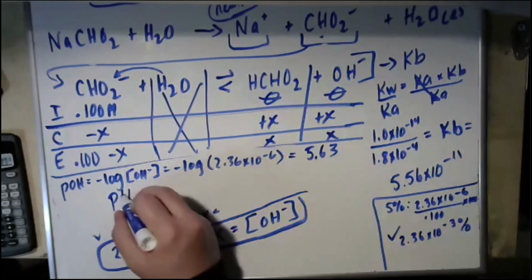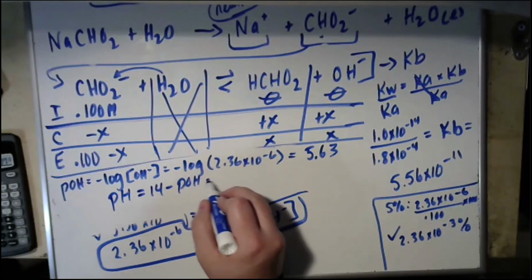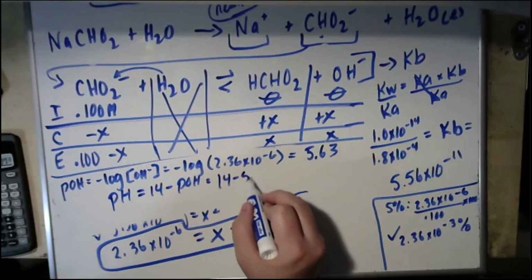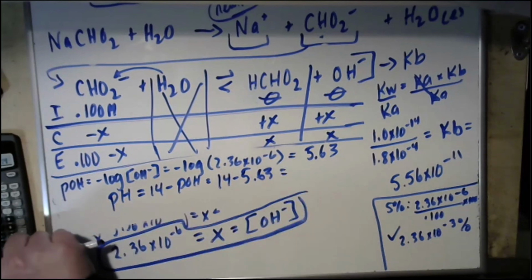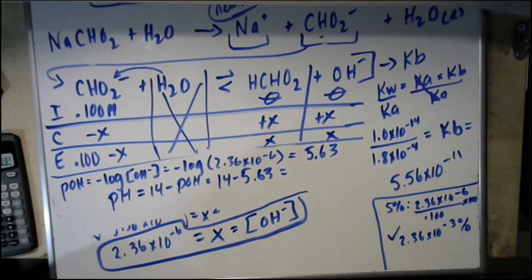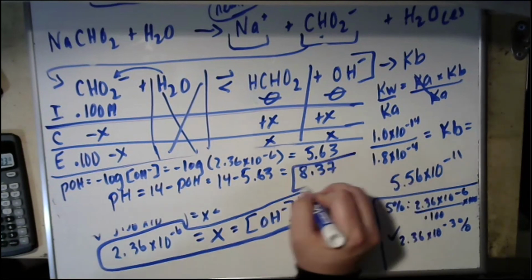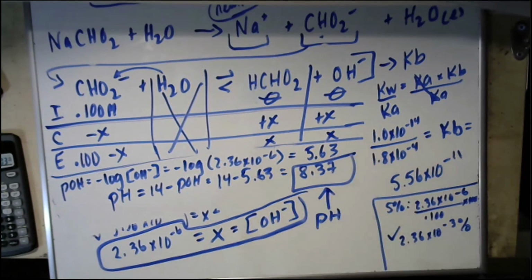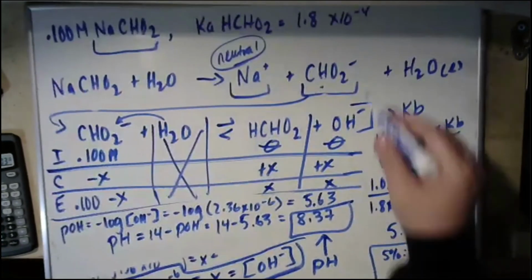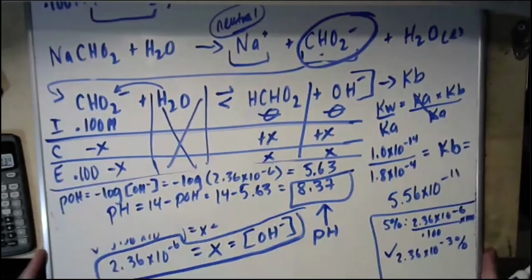So pH equals 14 minus pOH, which equals 14 minus 5.63, which gives me 8.37. Okay, so there is my pH value of this solution. A little bit basic, which is what we were expecting, given the identity of the anion we were looking at. Okay?